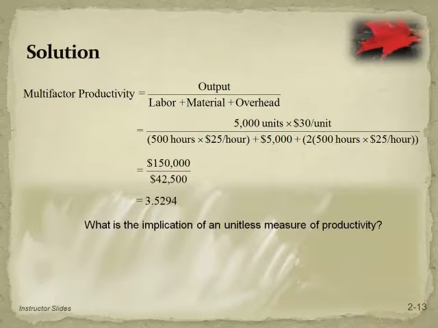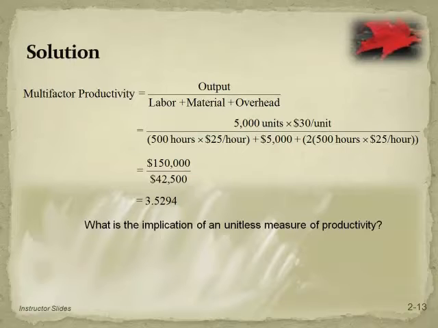We had a labor of 500 hours times $25 an hour. Material cost was $5,000, and our overhead cost was twice the labor cost, so twice the 500 hours times $25 an hour. So our input cost was $42,500.